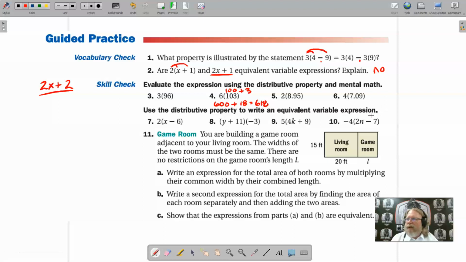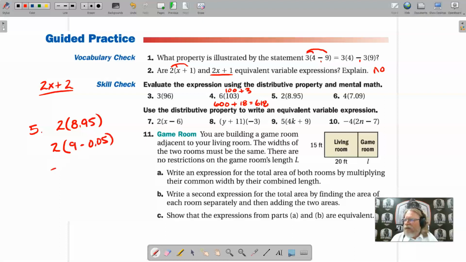And for this one here, the number 5, let's do number 5 off to the side here. So 2 times 8.95. So we probably would do well if we would think of 8.95 as 9 minus 0.05, like a nickel.